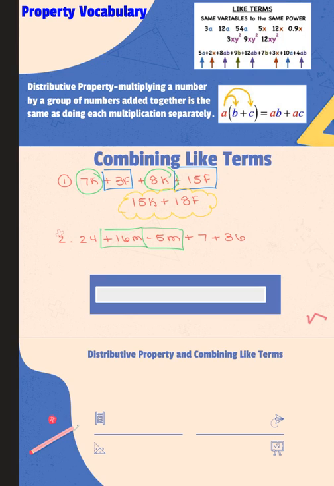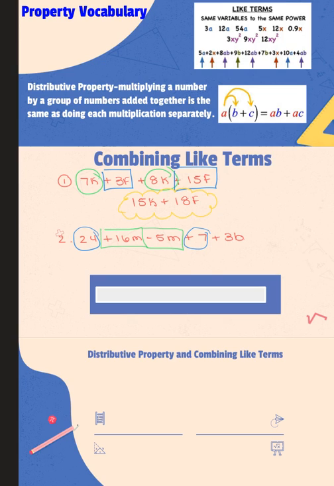And 5m. I also have 7, which is a constant, and 24, which is a constant as well. Let me change this because this should definitely be a 3b. So let's make that look more like a b. There we go. All right.